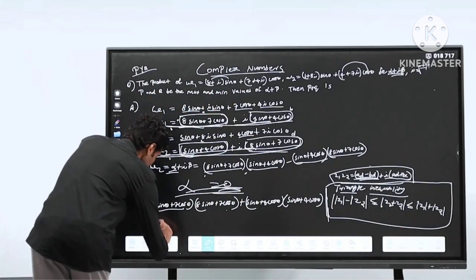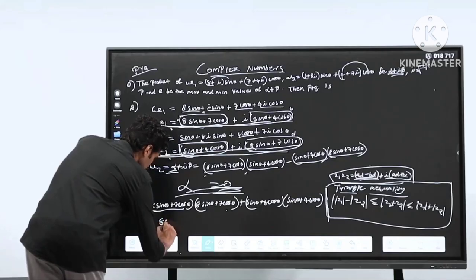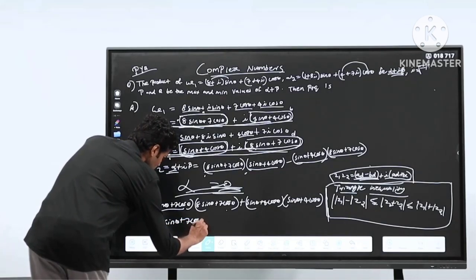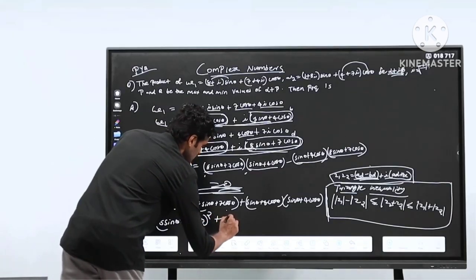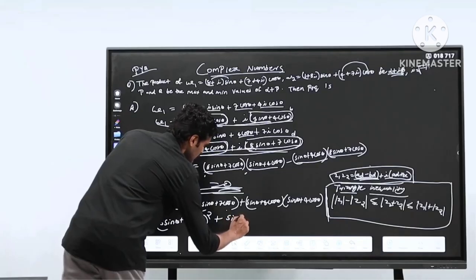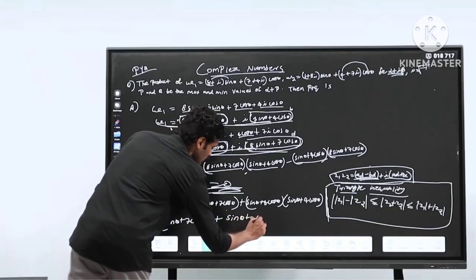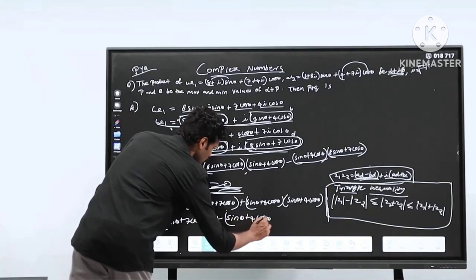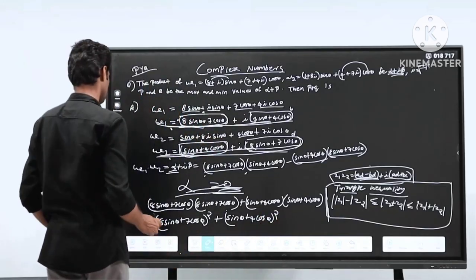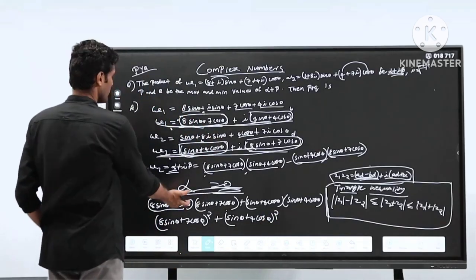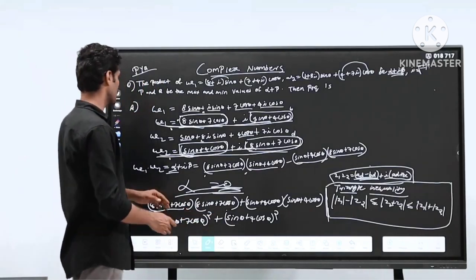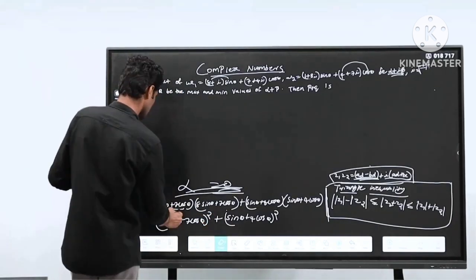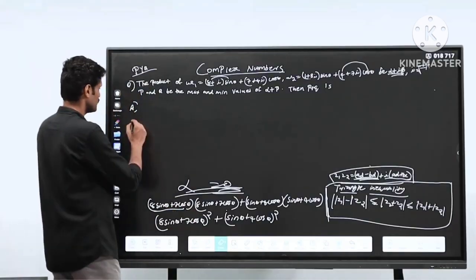That means (8 sin theta plus 7 cos theta) whole square plus (sin theta plus 4 cos theta) whole square. Then we need to expand these two terms using a plus b whole square.